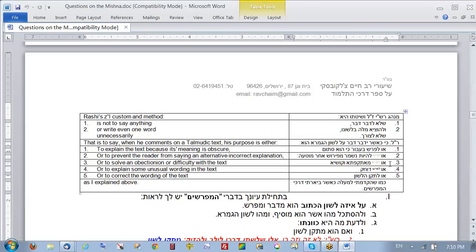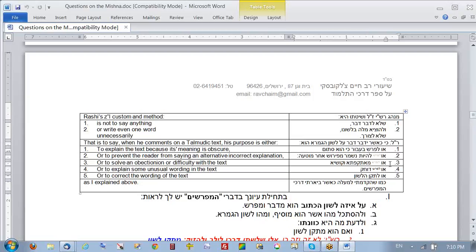What he's doing is explaining a seeming contradiction that you may have if you have a broader understanding of the text in front of you. Now that could also be internal contradictions. But anytime there's a contradiction between what's in front of you and some other text, that represents a kasha. So he has to solve that.